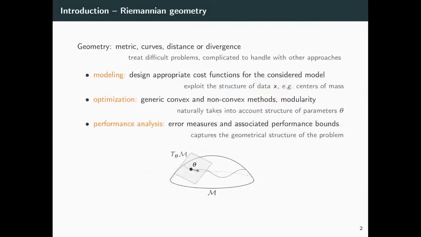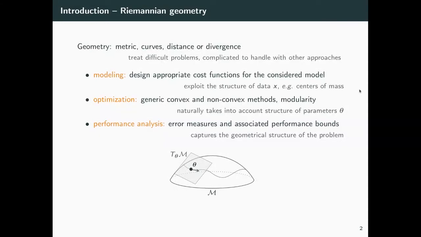The aim here is to exploit the geometry and the structure of both the data space and the parameter space, and with this structure, make contributions on three points. On modeling, to design appropriate cost functions, for instance, centers of mass.